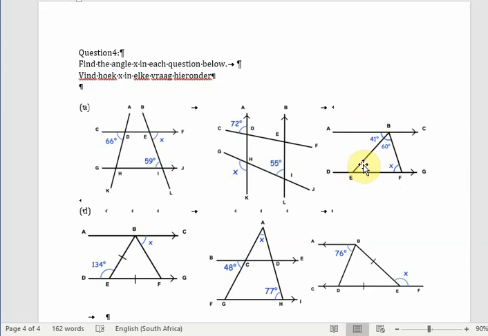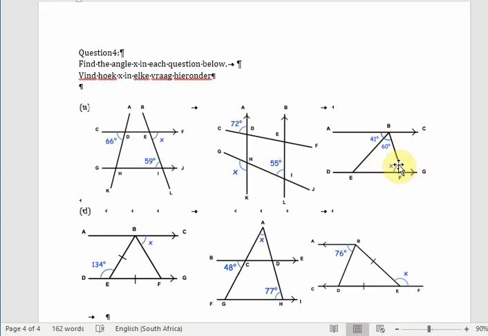So now, if you remember about triangles, the sum of the angles inside a triangle is 180 degrees. So that means that x is 180 minus 60 minus 41, which is going to give us 79 degrees.